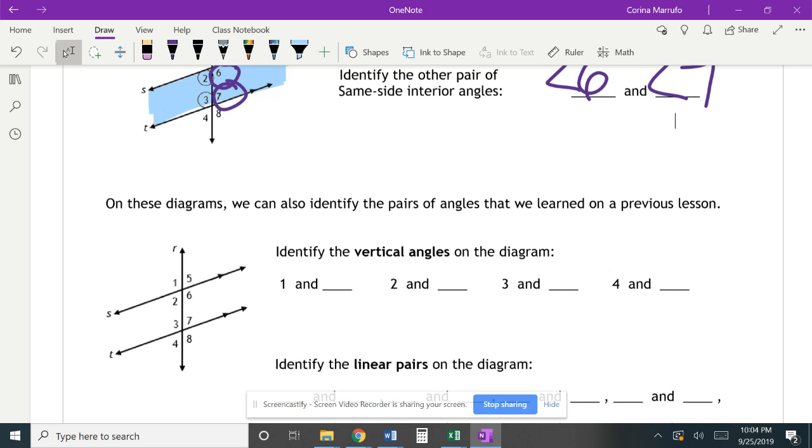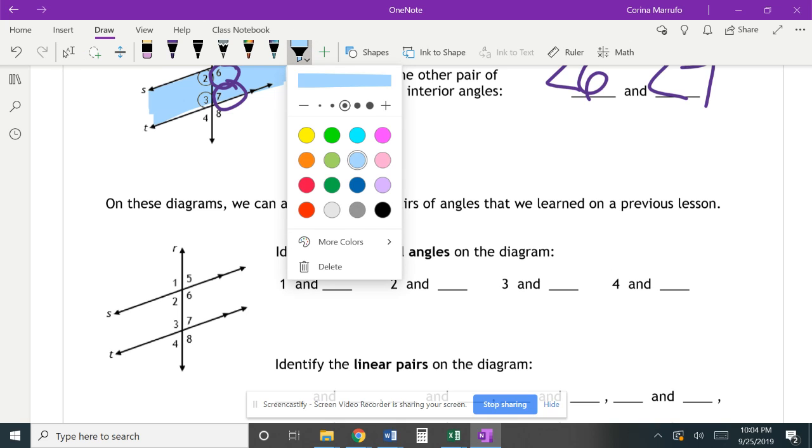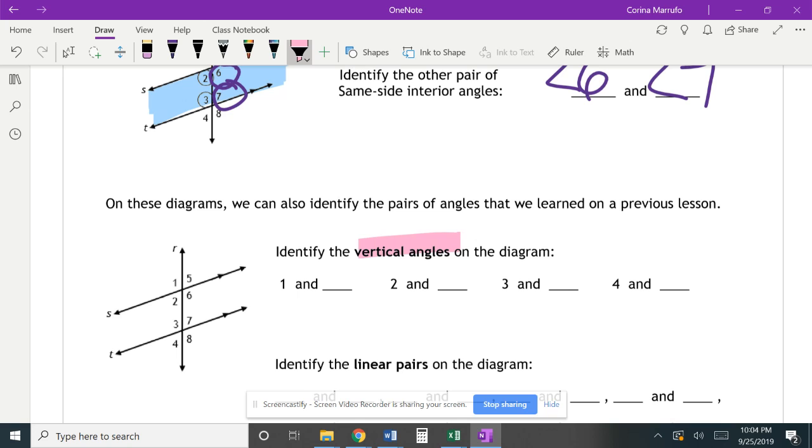So on these diagrams, we can also identify the pairs of angles that we learned in a previous lesson. So we still have vertical angles. The one that's right across from angle 1 would be angle 6.